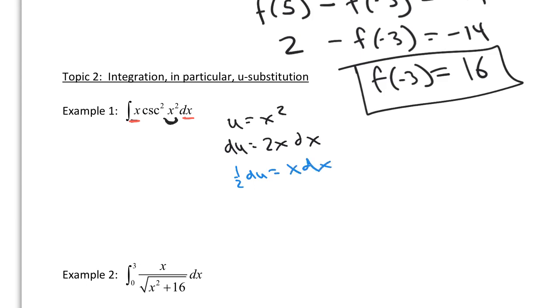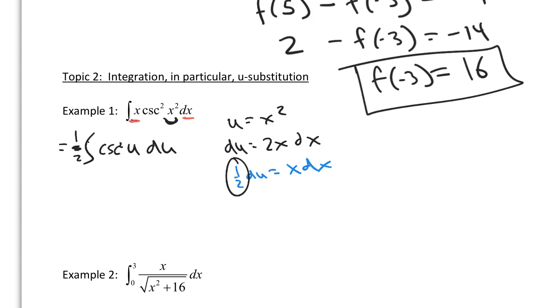Then I can make my substitution. I can say that this is going to equal the integral cosecant squared of u, and then x dx is du, and I need the 1/2 that can go in front.